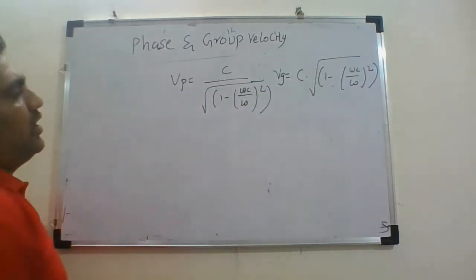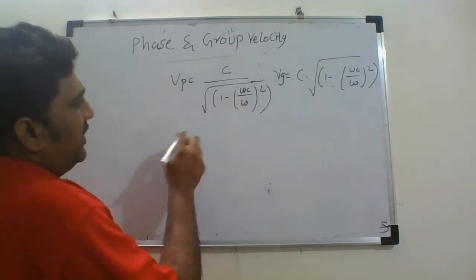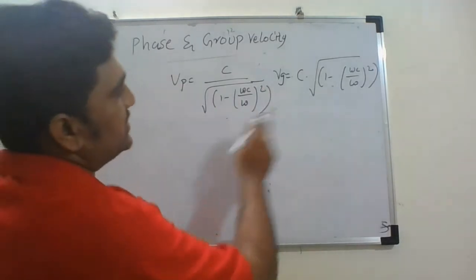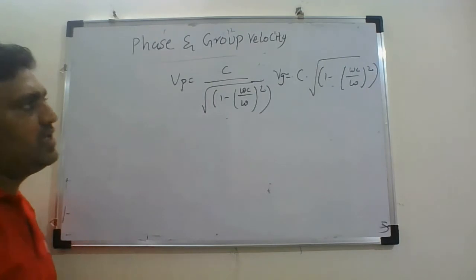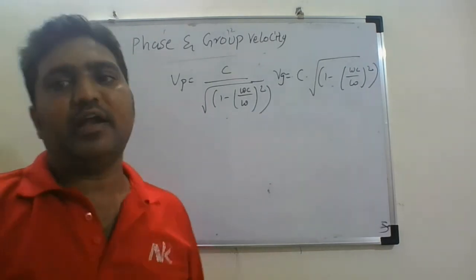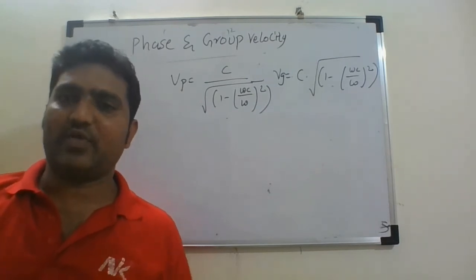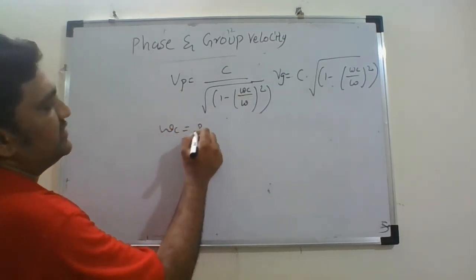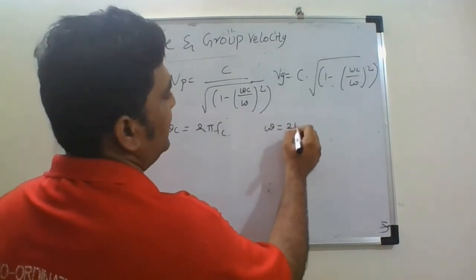In general, these same expressions for Vp and Vg, we can also express in terms of wavelength and frequency. Here omega c is the angular frequency, which is nothing but 2 pi fc, and similarly omega is 2 pi f.